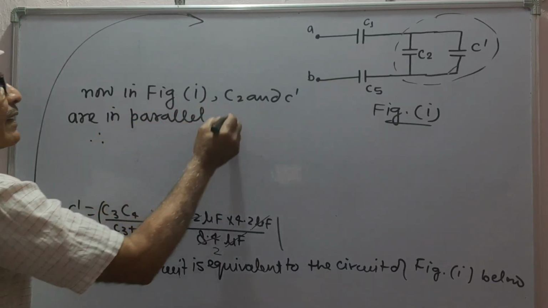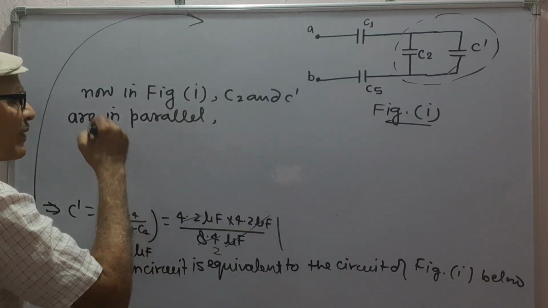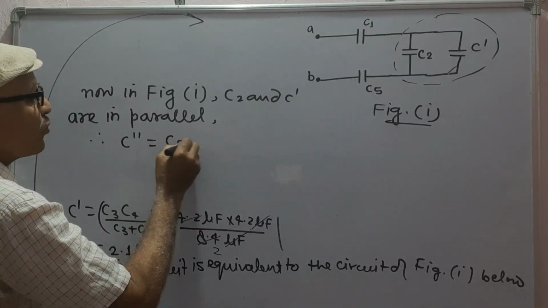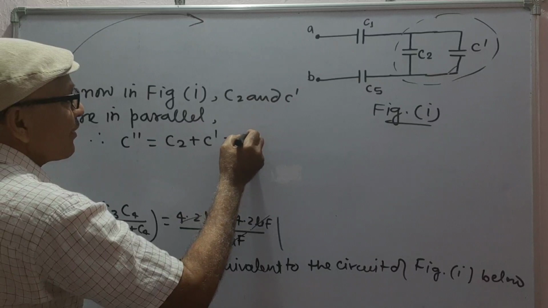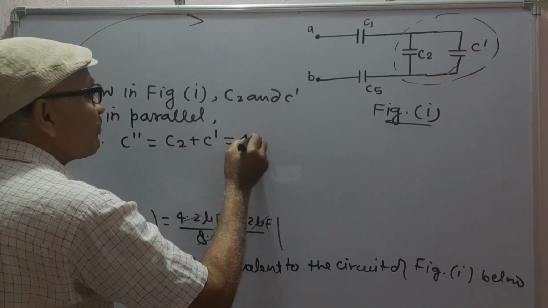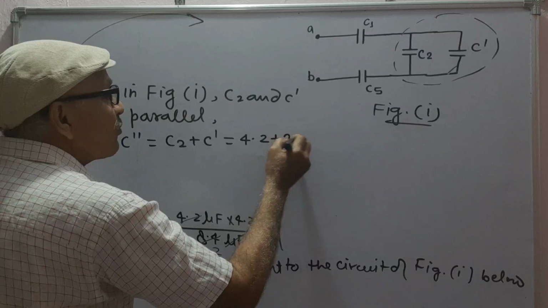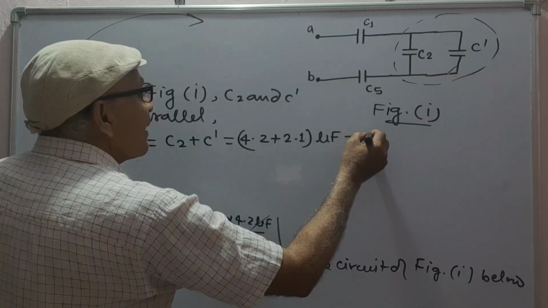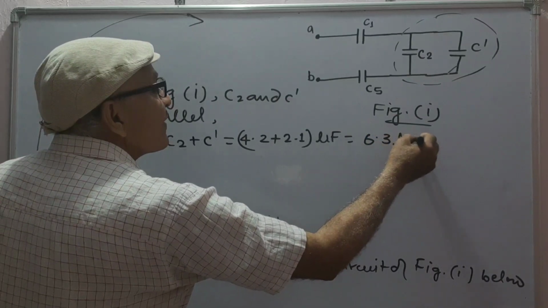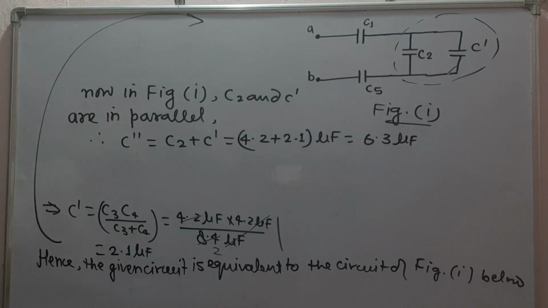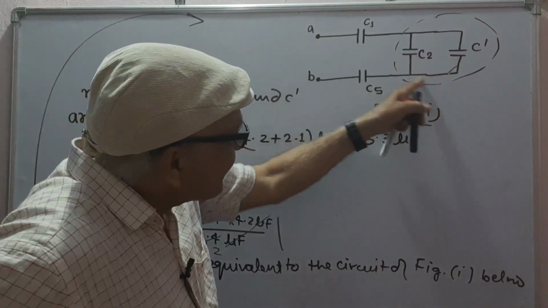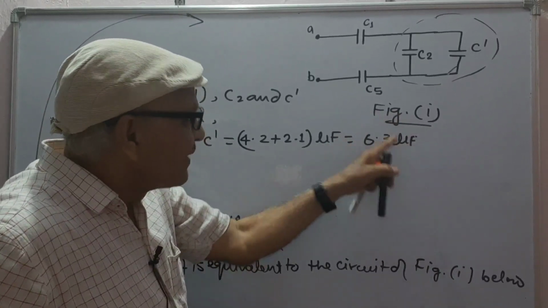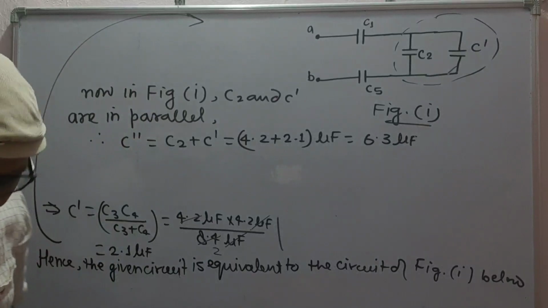Therefore, their resultant will be C double dash is equal to C2 plus C dash, that is 4.2 plus 2.1 microfarad, means 6.3 microfarad. Means C2 and C dash in parallel are equivalent to 6.3 microfarad.